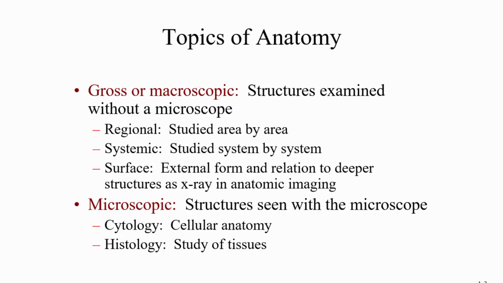Systemic anatomy is what most undergrad classes are. So your anatomy and physiology classes, your A&P classes, this class that you're taking right now is a systemic anatomy class. And this is where you study system by system as if that system existed by itself. For instance, we'll be studying the nervous system by itself.